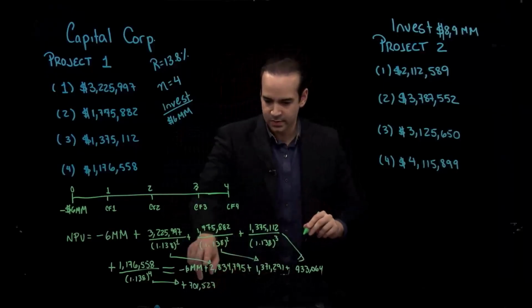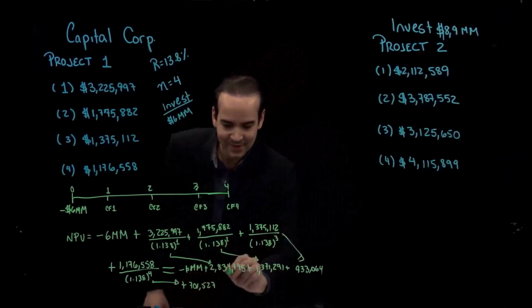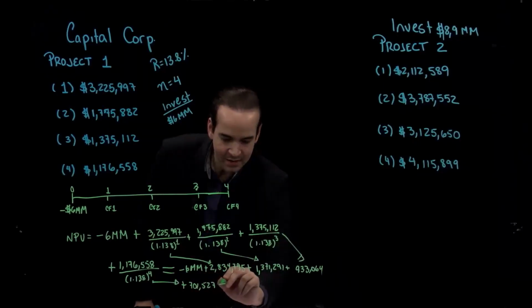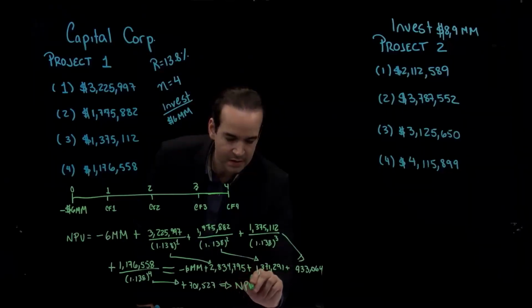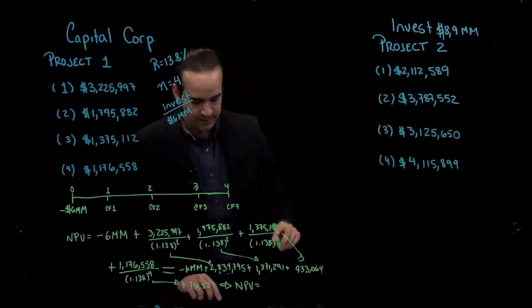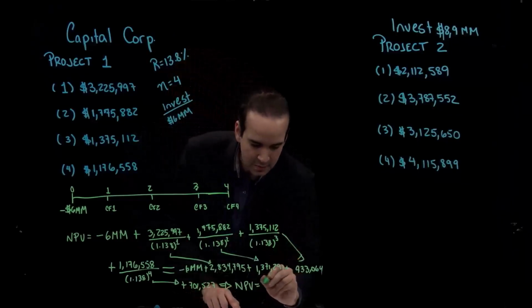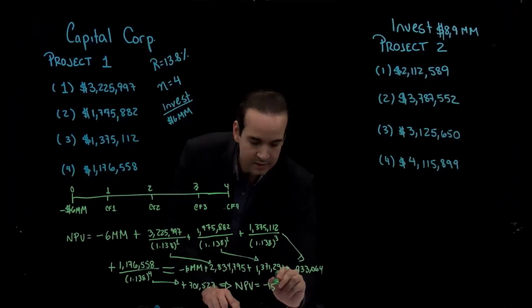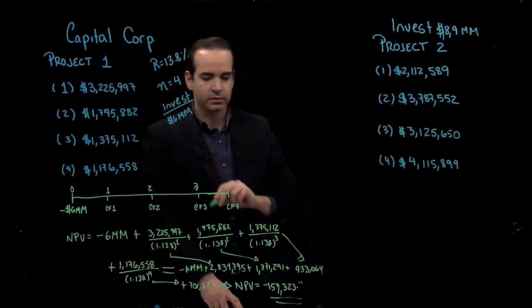Okay, so I beg your pardon with the numbers below here, and then finally, let's do it like this. Our NPV for project 1 is going to be minus 159,323, and we're done.